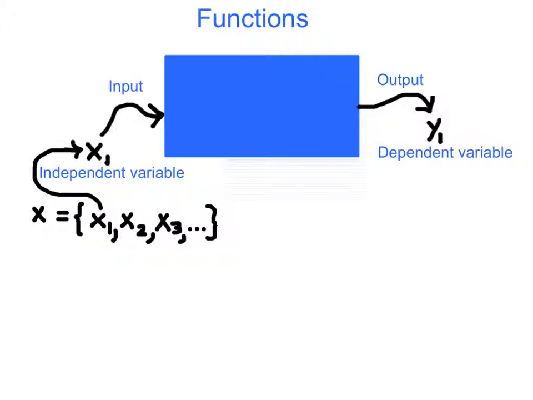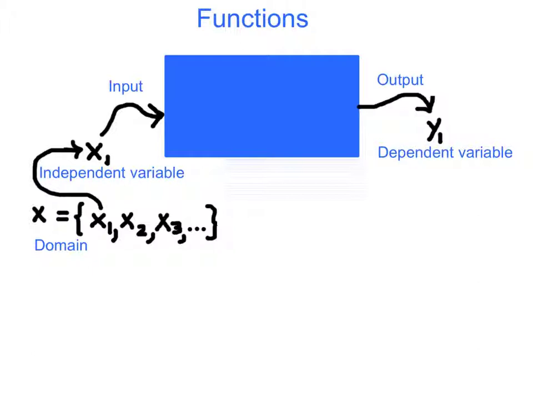This set of values represents our domain. So x represents the domain of all x values, and each x value can be fed into the function as input with an output of a specific y value.